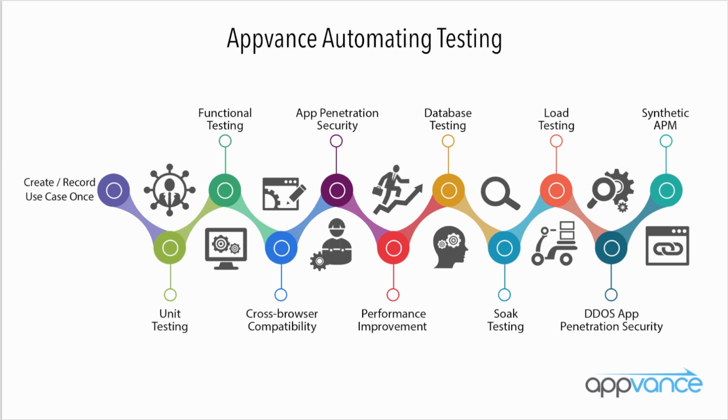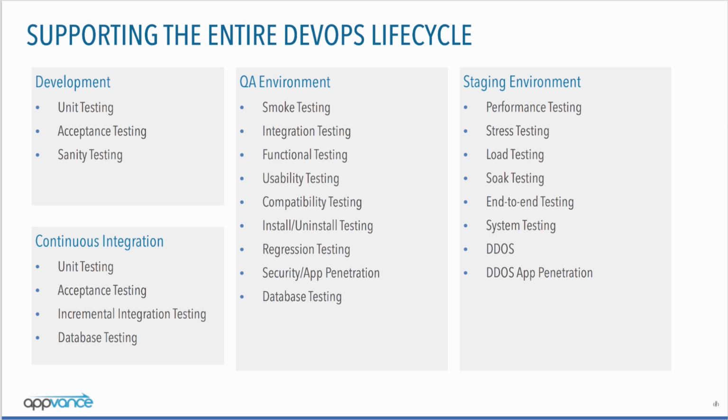And that's really the goal of the Appvance platform, which is a unified test automation platform where you can record and/or create or write once and then use those use cases throughout a variety of different kinds of tests. And you'll see that today with Selenium and how easy it is to reuse the Selenium scripts that you already have, that you've been writing maybe for years.